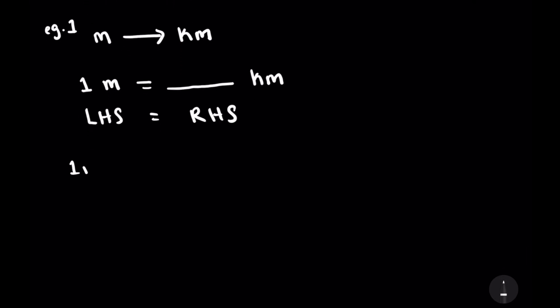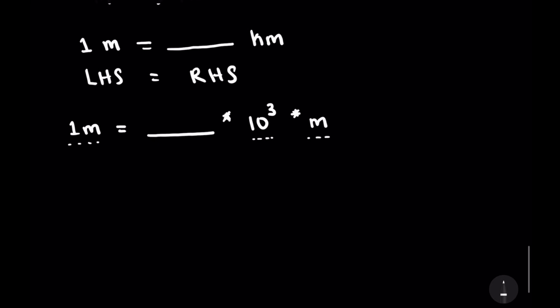So right now, 1 meter is equal to some amount of kilo, which we know is 10 to the 3, and let's put our multiplication symbol here. The asterisk here is a multiplication symbol. Times meters, right?